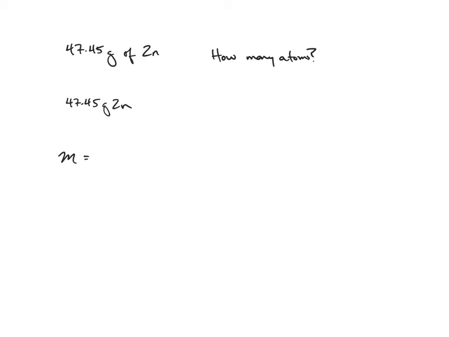Well, from your periodic tables, that is 65.38 grams per mole. Since I have the grams on the top, I'm going to need to flip that. I need the inverse of it. So times 1 mole divided by 65.38 grams. So now my units of grams is going to cancel.